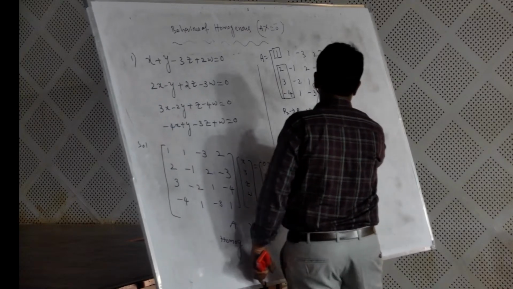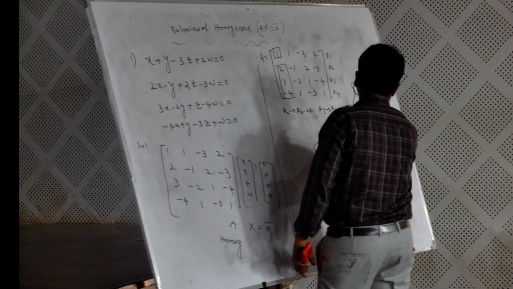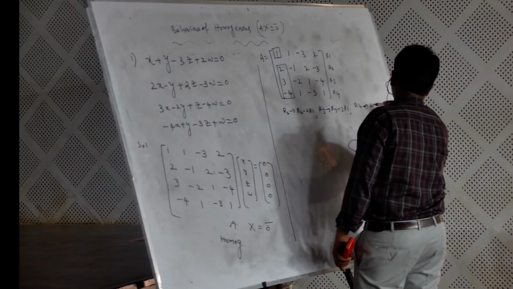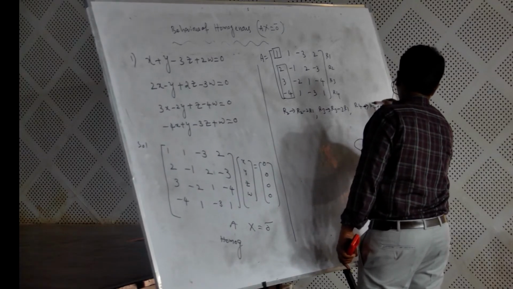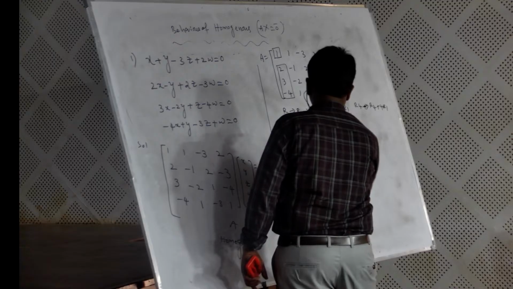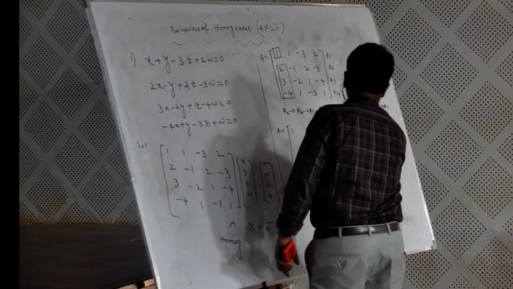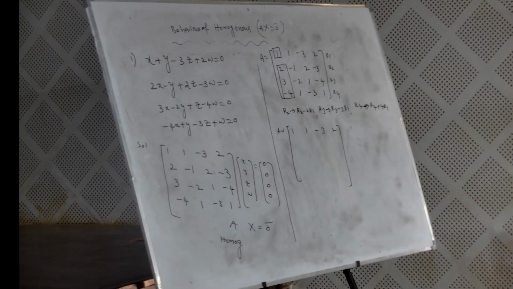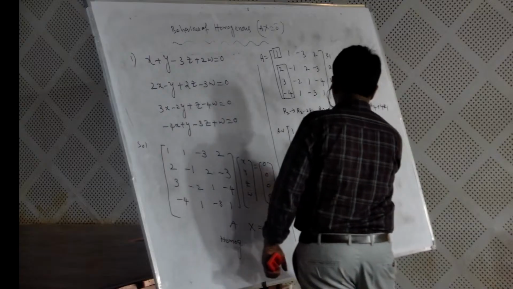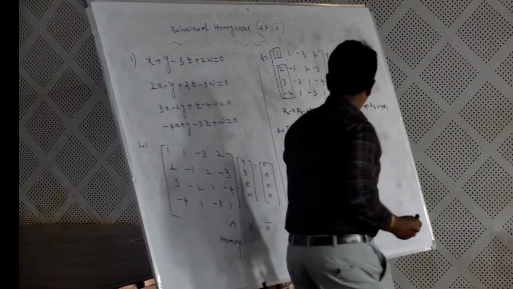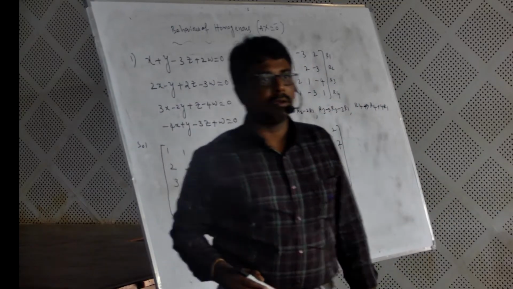R3 implies R3 minus 3R1. R4 implies R4 plus 4R1. Tell me the output. 0, minus 3, 8, minus 7.